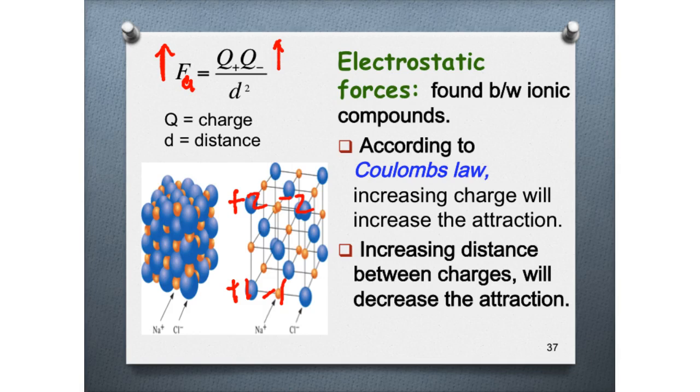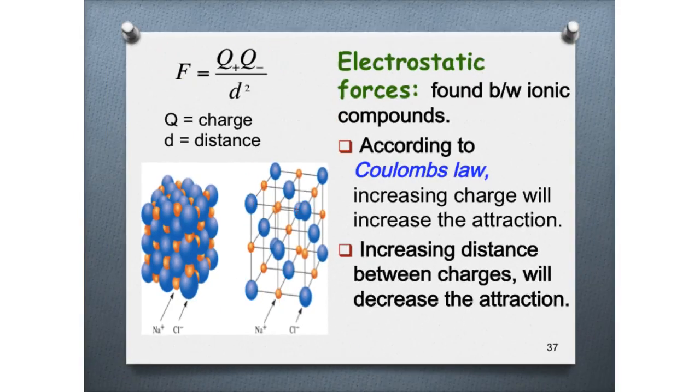But then if we look at the distance, we said if you have a larger distance between the particles, then that is going to cause the attraction to decrease. It's like saying you have two magnets. If they're very far apart, they're not going to have much attraction.